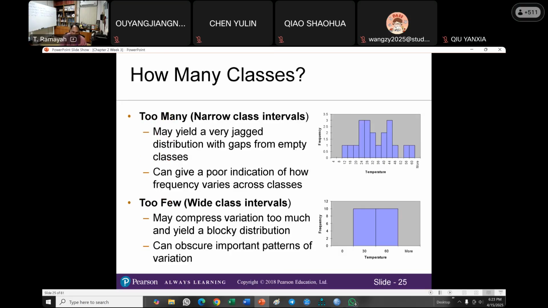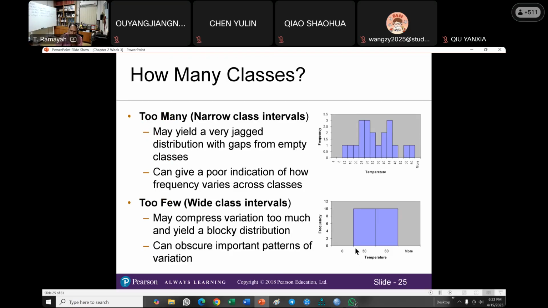When we develop the classes, the intervals cannot be too small or too large. If they are too small, you have too many classes, like here 4 to 8, 8 to 12, 12 to 16. They are too small, so we have a lot of classes.